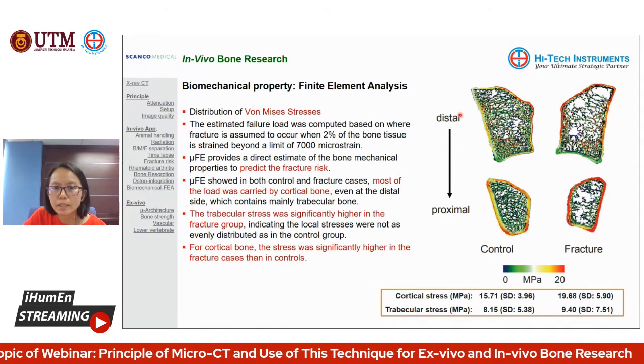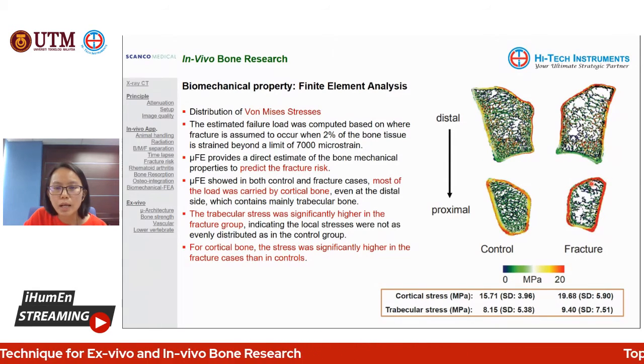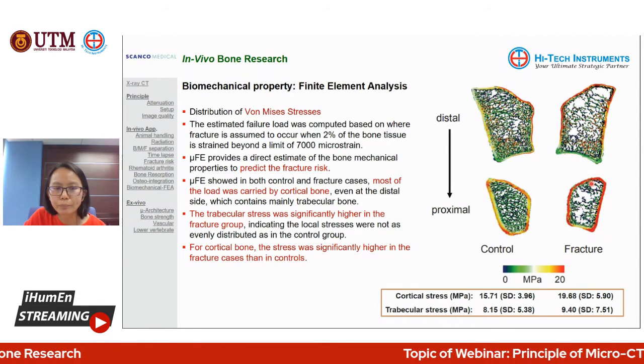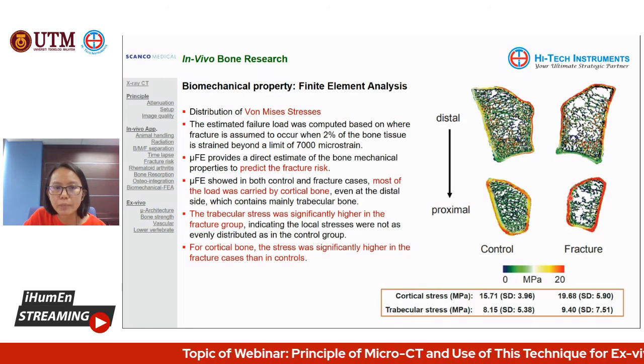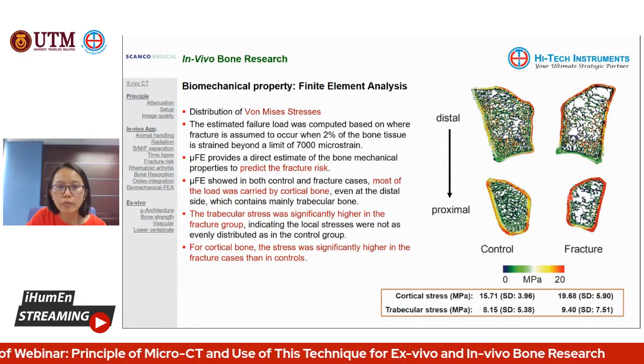So you can see both distal and proximal area, and you can see the color coded here to show you the chances of the bone at that particular area being a fracture when there is an increase of stress.